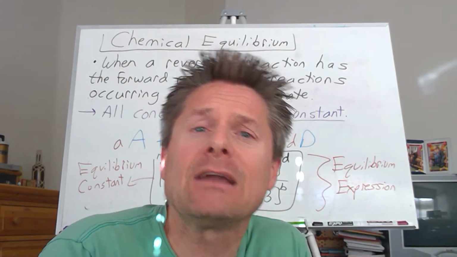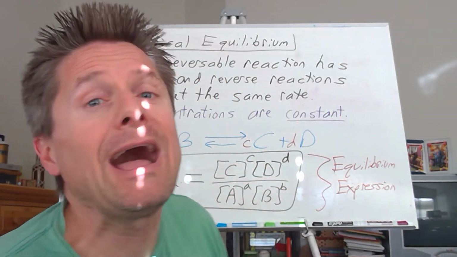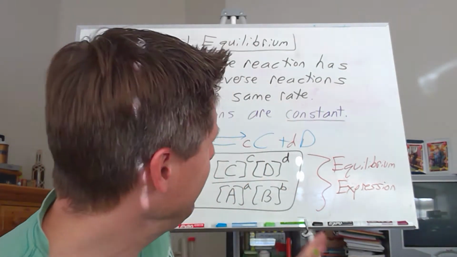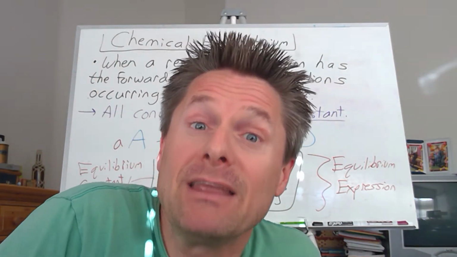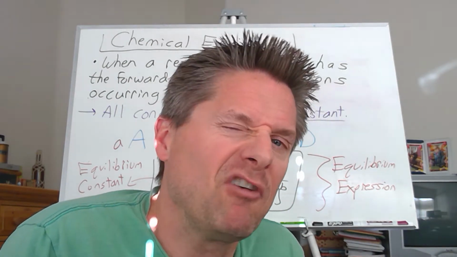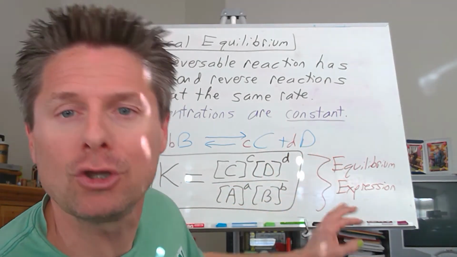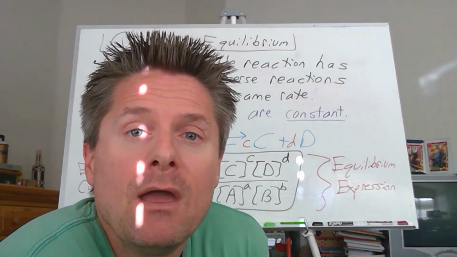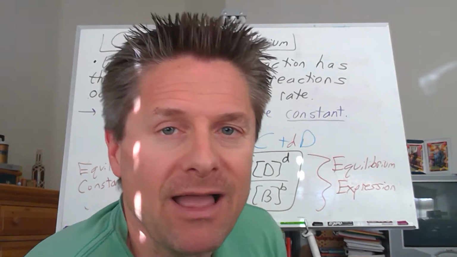So anything that's a liquid phase or a solid phase, we're going to treat as constant. Essentially, they're going to get wrapped up in the equilibrium constant. We're going to talk about using activities rather than molarities later, so no worries about that. We're going to fudge it a little bit. So anything liquid or solid phase, we're just not going to include in the equilibrium expression because it's going to disappear and be involved in the K value itself.